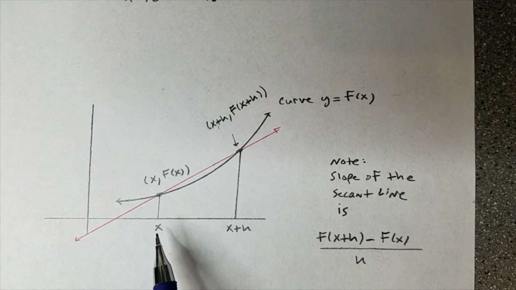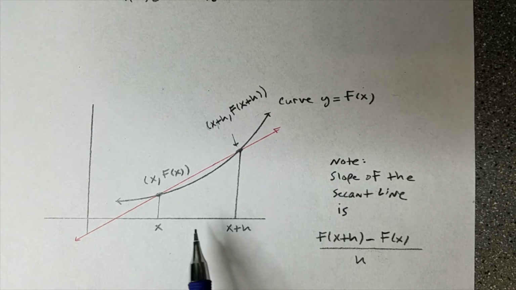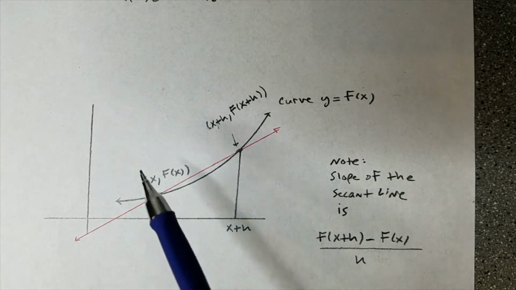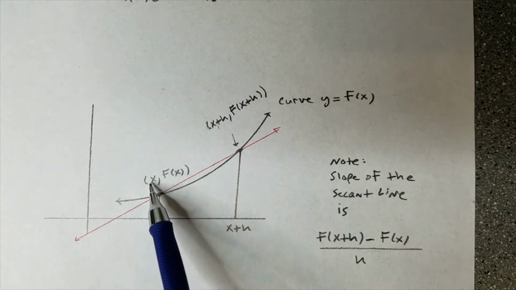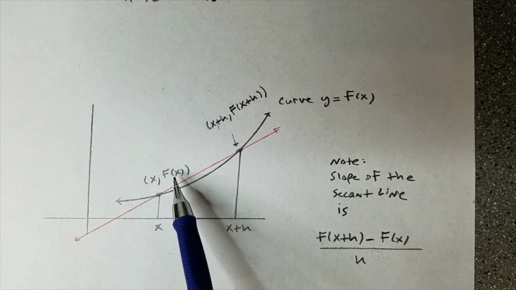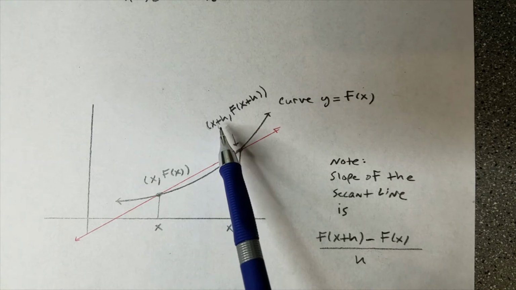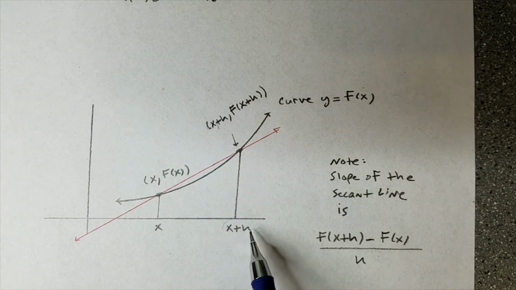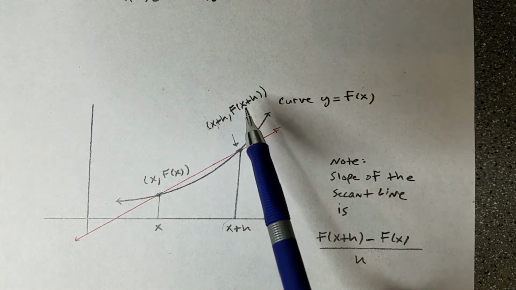If I take a number x and I add something to it, it's going to be bigger, so it's going to be over here. This point on the curve is going to be x, and the y coordinate is going to be f of x, what you get when you plug x into this formula. This point is going to be x plus h for the x coordinate, and f of x plus h for the y coordinate. Okay?